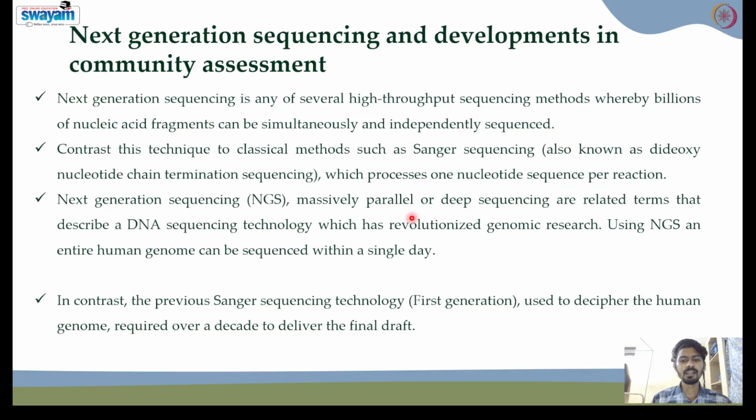That is where next gen sequencing was developed. To sequence a human genome, they took about 10 years to complete the project, whereas with the help of next gen sequencing, they have completed it within a single day due to the advancement in the technologies.